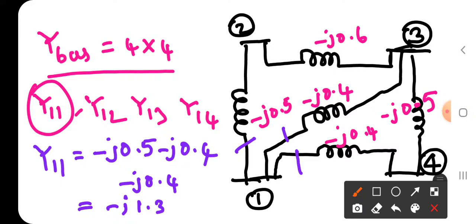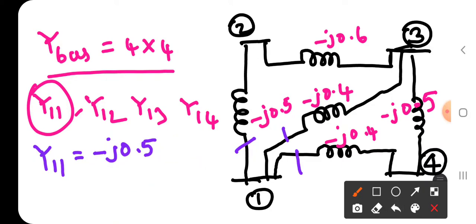Then how do you find Y12? Y12 is the negative of the sum of admittances connected between node j and node k, or here node 1 and node 2. Y12 is equal to the negative sum of admittances connected between node 1 and node 2.